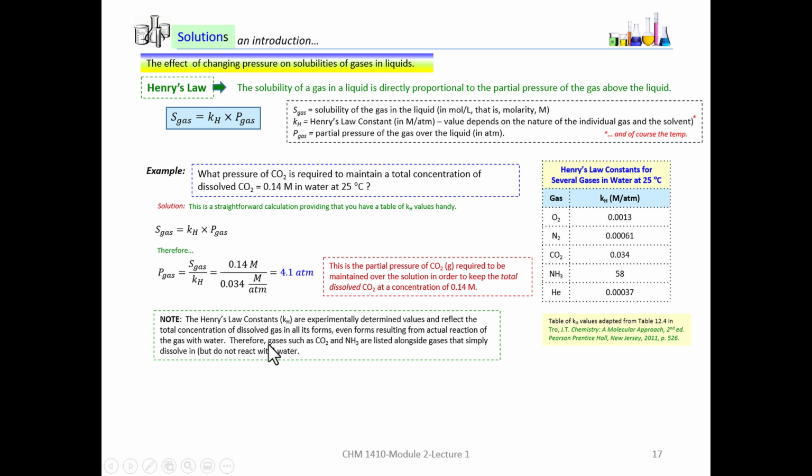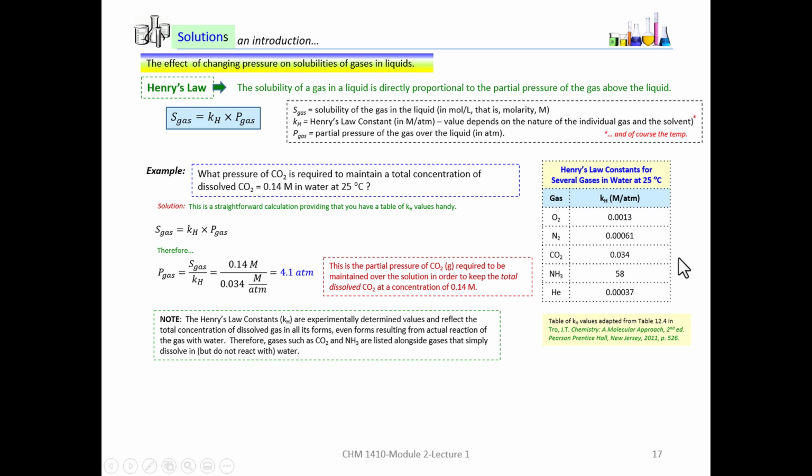You want to note here that Henry's law constants are experimentally determined values and reflect the total concentration of dissolved gases in all its forms, even forms resulting from the actual reaction of the gas with water. So therefore, gases such as CO2 and ammonia are listed alongside gases that simply dissolve in but do not react with water. Remember, on the previous slide we had a graph of the solubility of gases in water.